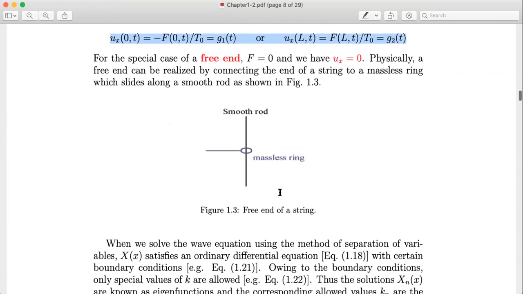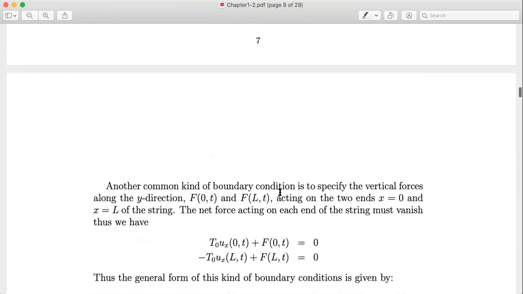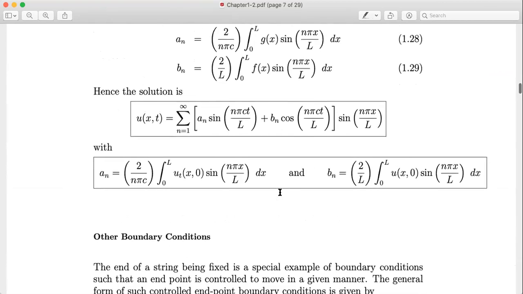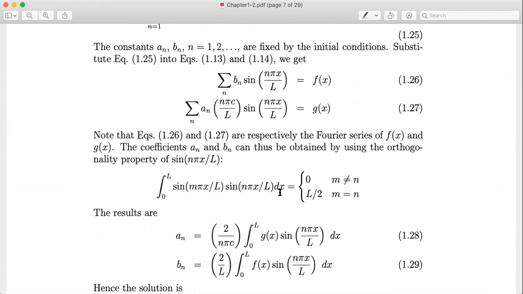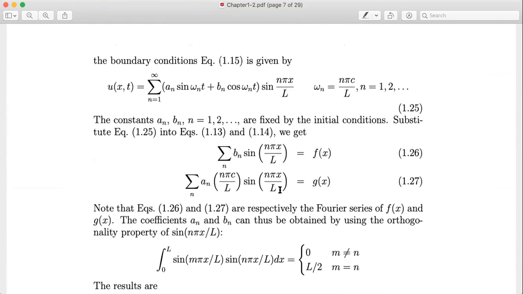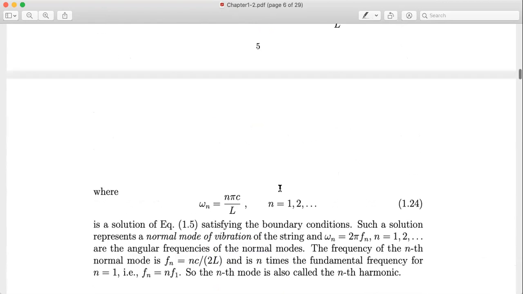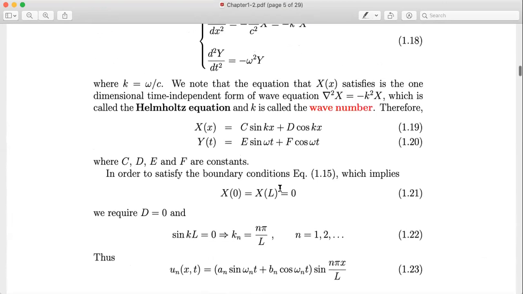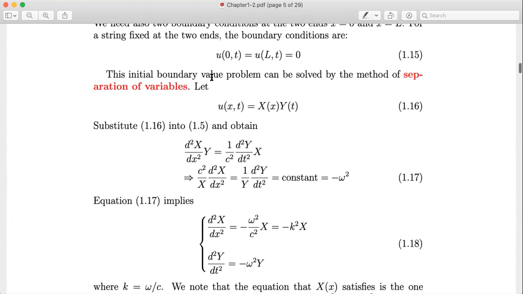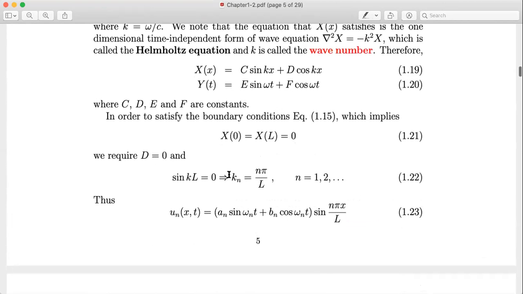For different boundary conditions, it should also be clear to you that we derived the general solution for the vibration of string just now for the particular case of the fixed endpoint boundary conditions, both ends being fixed. That is the boundary condition that determines the k_n, or the normal mode, the spatial dependence of the normal modes.